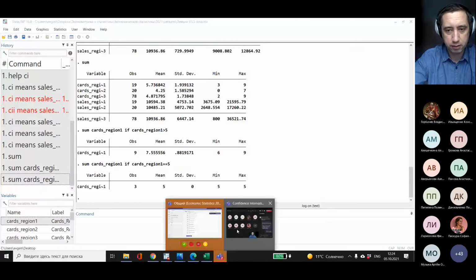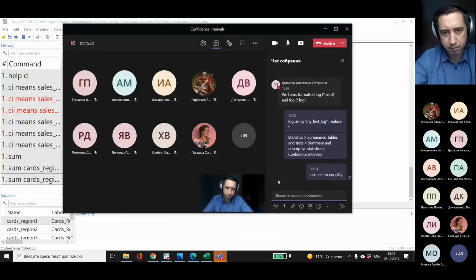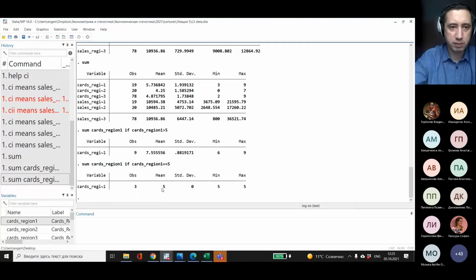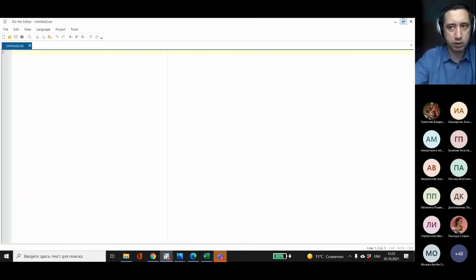Should I show it again? Yes, please. What you have to do, especially for Mac users, is find this button, the do file editor. Click it, and Stata should open a new window like this. It looks like a notepad. Do you have it?